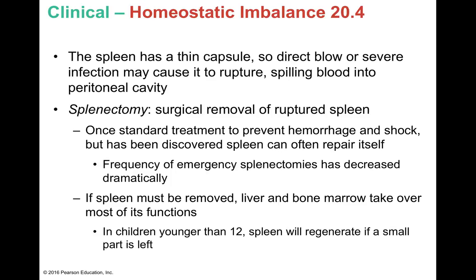People do survive without a spleen, and that's okay. But because the chance of a spleen repairing itself is pretty high, nowadays they try to prevent this procedure from taking place, and they just do procedures to stop the bleeding rather than completely removing the spleen.